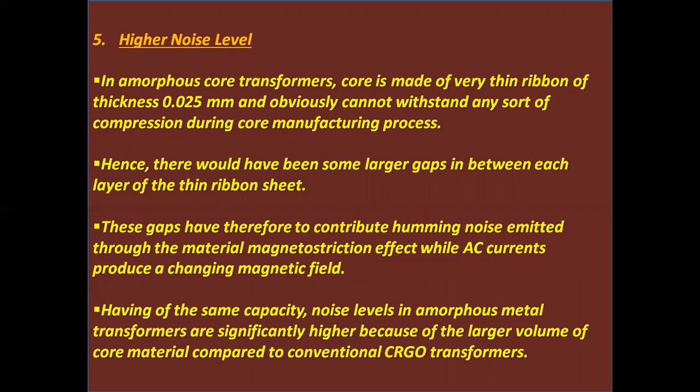These gaps contribute to humming noise emitted through the material magnetostriction effect, while AC currents produce a changing magnetic field. For the same capacity, noise level in amorphous metal transformers is significantly higher because of the larger volume of core material compared to conventional CRGO transformers.